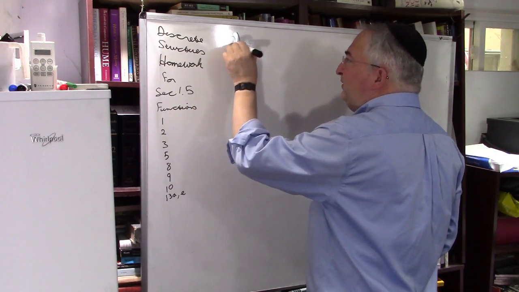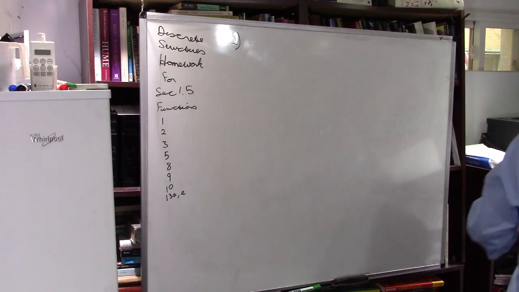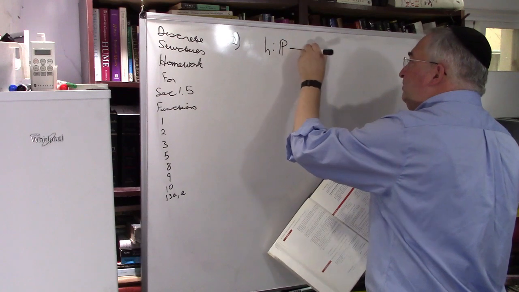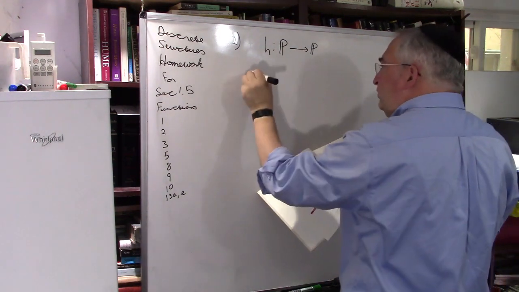Number 2. Ready? Consider the function h that goes from the positive numbers to the positive numbers. Okay, and now we have a cute definition.